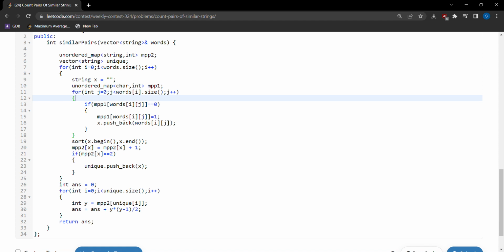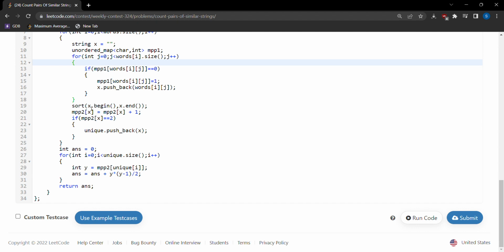Hence, we first set the mapping of that character to 1, and then we push that character to our string. We'll do this for the entire word, and then we'll be sorting all the characters that came in that particular word.